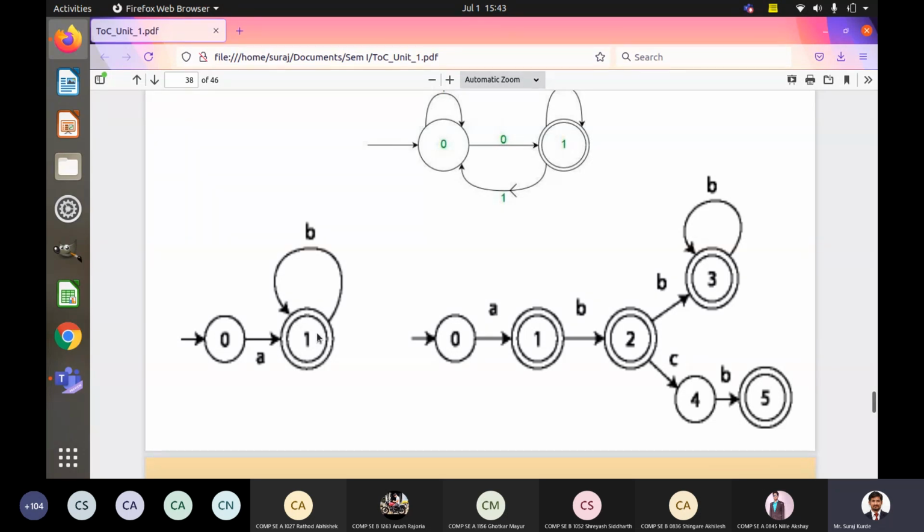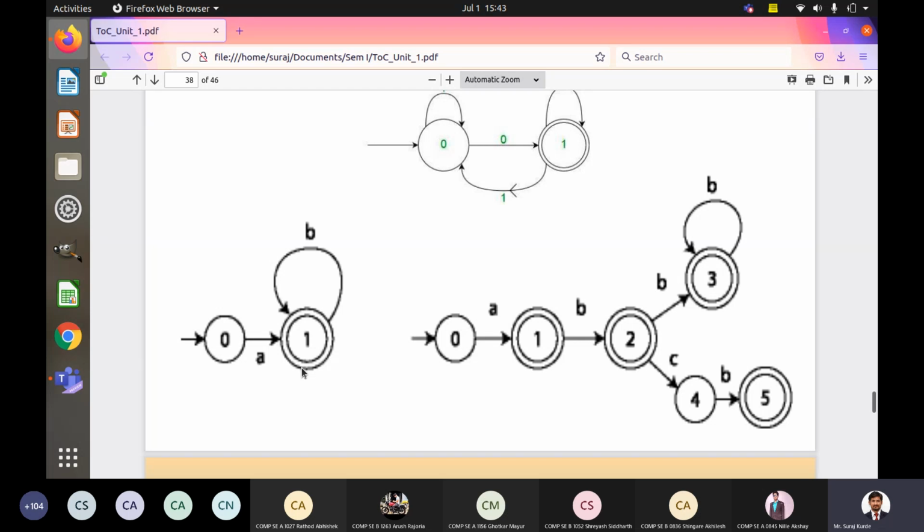So it will not go to the final state. That is why the string is rejected. So for input A as the first alphabet, and after that any number of times B will be there. Now on state 1, the input is B, and it can be any number of times, but input A is not accepted.